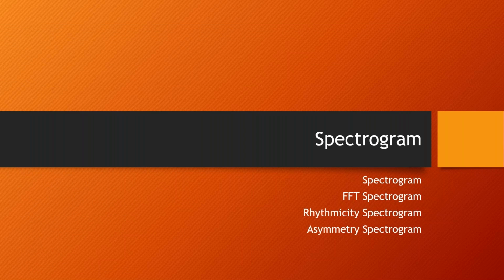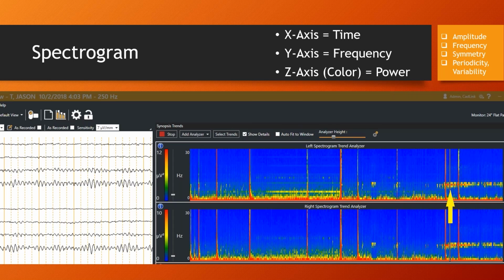Spectrogram. And spectrogram is probably the most often used of all of the frequency-based trends. With spectrogram, we're looking at again an x-axis of time, y-axis of frequency, and a z-axis of color, which is really a z-axis of power.